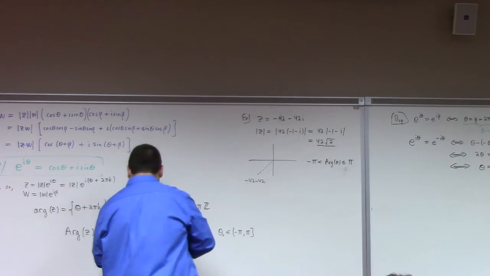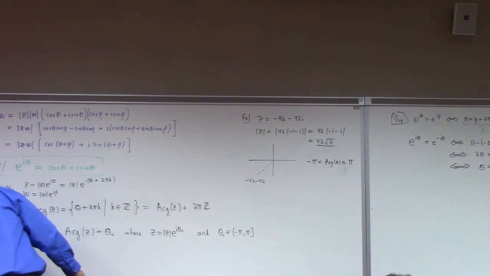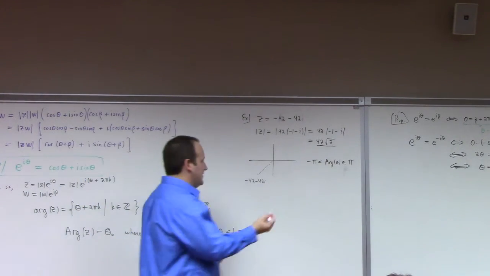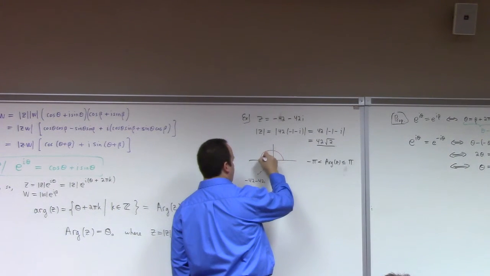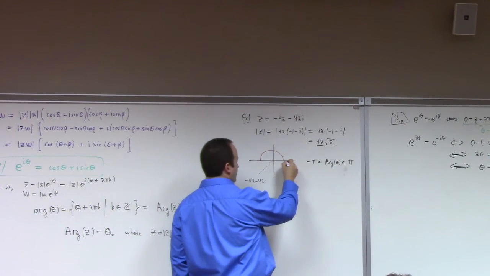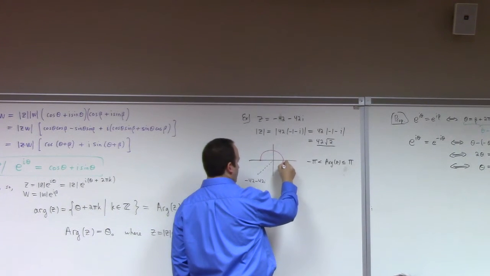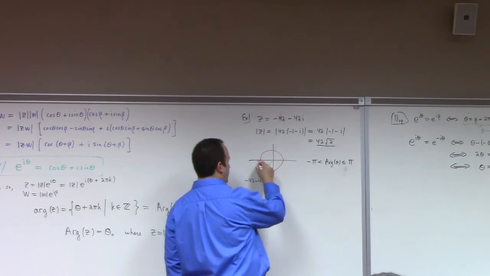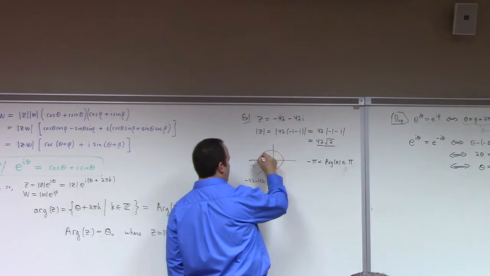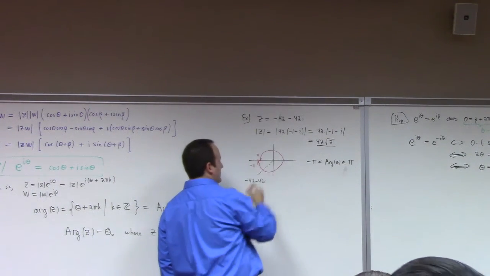A way to think about that, sometimes I think about this picture as, I start at 0 for whatever reason. So you go from 0 and you swing all the way over here to pi, included, or you go this way and not included. So here we're going to minus pi, this way we're going to pi.